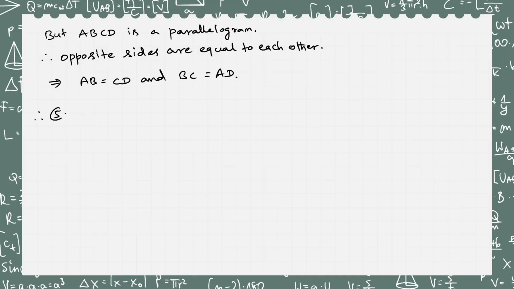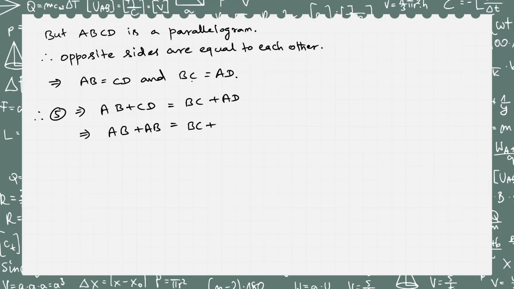Therefore, equation 5 implies AB plus CD equal to BC plus AD, which implies AB plus CD I can write like AB only. Correct? And next, this BC I am keeping as it is.